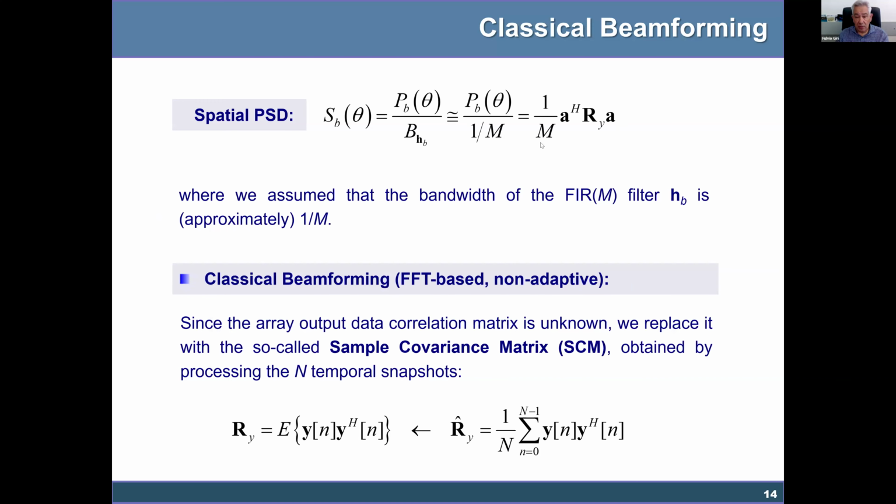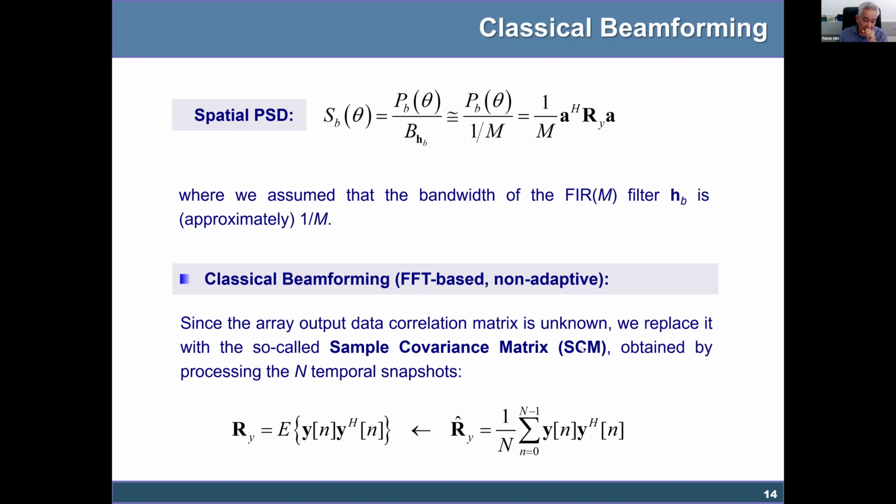So this is the spatial power spectral density obtained by using the classical beamformer.